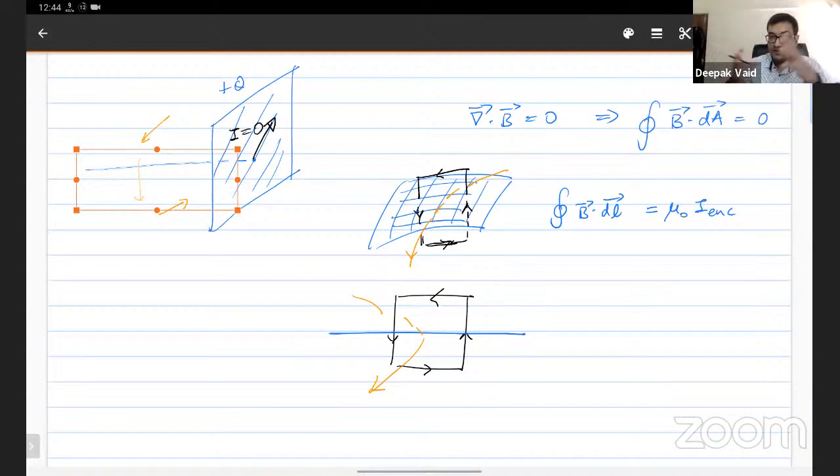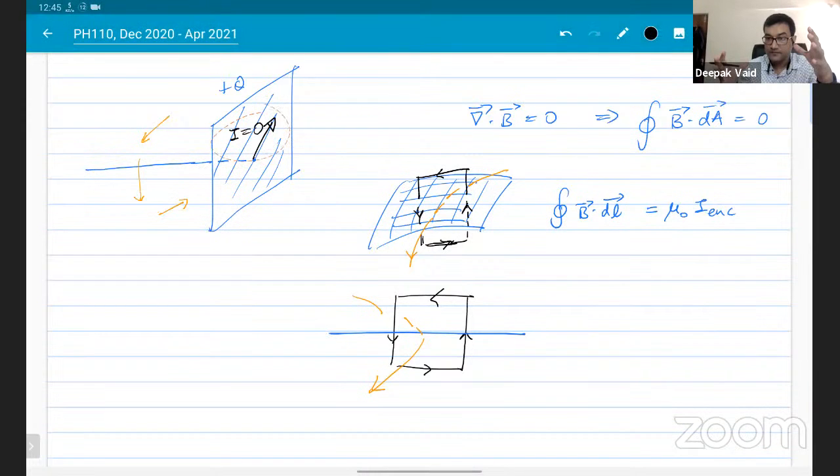But we are working with the assumption that that process happens very fast. So there's no current on the sheet itself. The total charge on the sheet keeps increasing, but there is no current on the sheet.